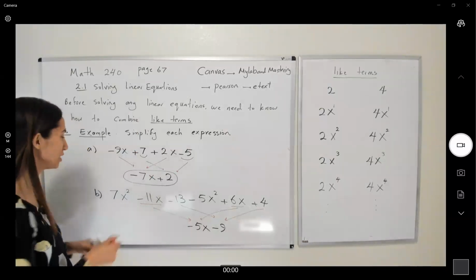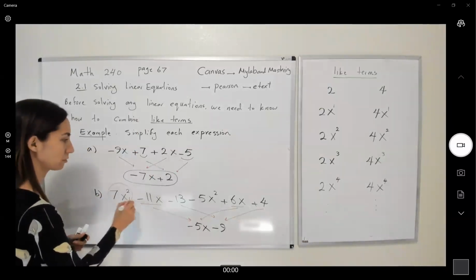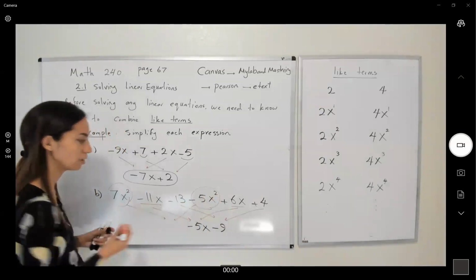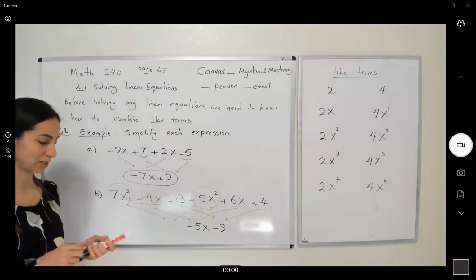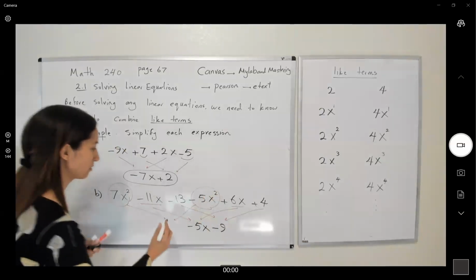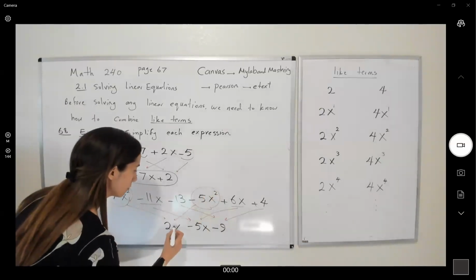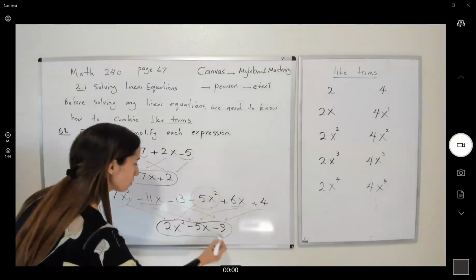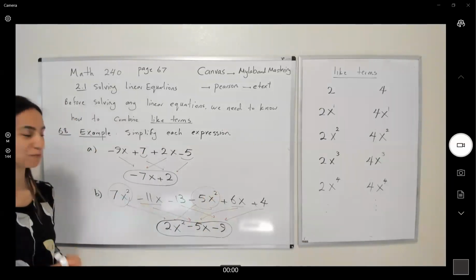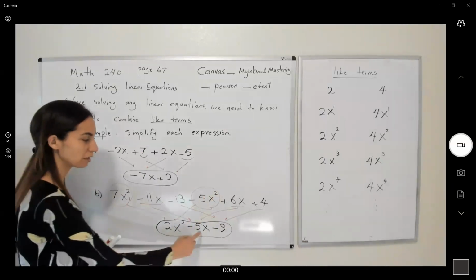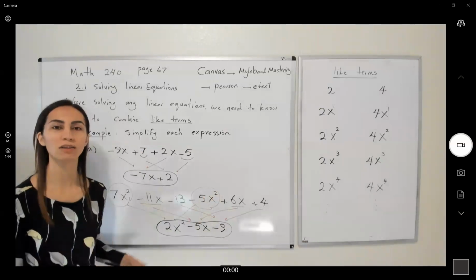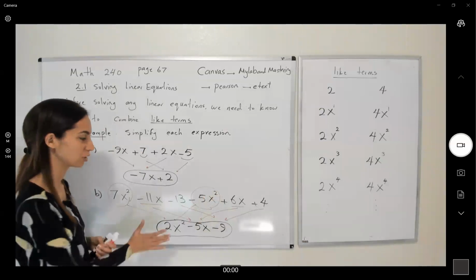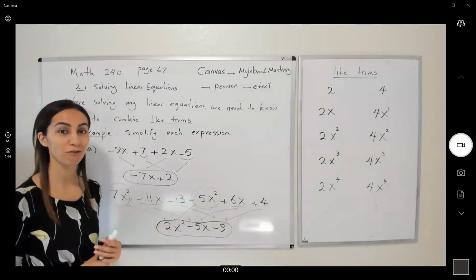So we can combine these two, and the outcome is equal to positive 2x squared. So this is your final answer. Note that these three terms are all different from each other. You cannot combine these terms. So this is the final answer for this example.